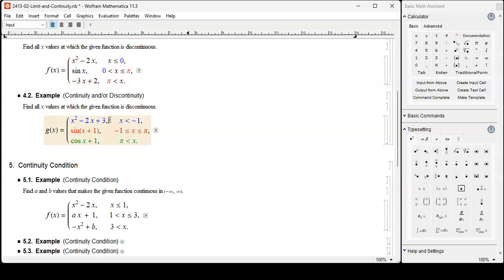Here, plug in -1, plug in -1, see if those are the same. Plug in pi, see if those are the same. Likewise here, plug in x equal to something, and then see one is equal to the other, and then do the same thing at another point, so that we have two equations and two unknown parameters.